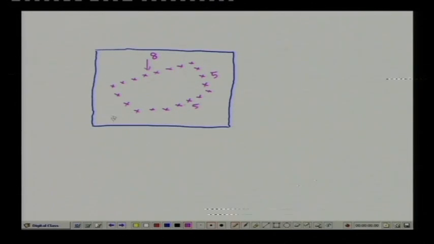On this part there are 4 number of points, and if I consider that this part is also a straight line, on this straight line there are 3 number of points. So, in our accumulator cell at the end of this Hough transformation operation, I will get one cell with value equal to 8, another cell with value equal to 5, one more cell with value equal to 5, one cell with value equal to 4, and another cell with value equal to 3.